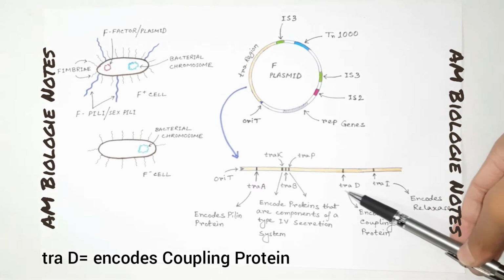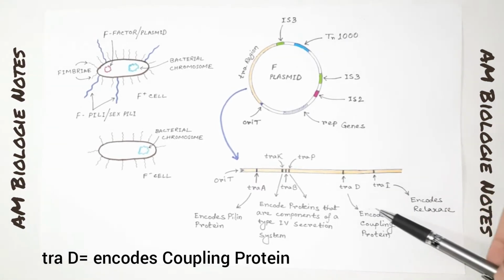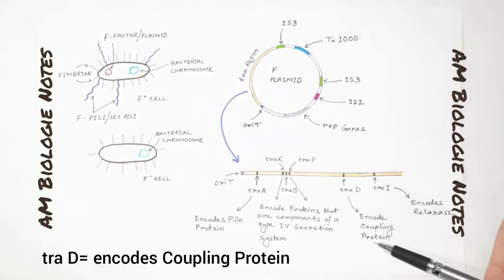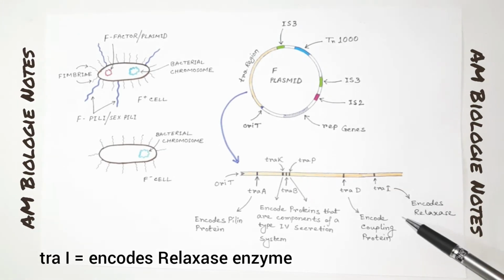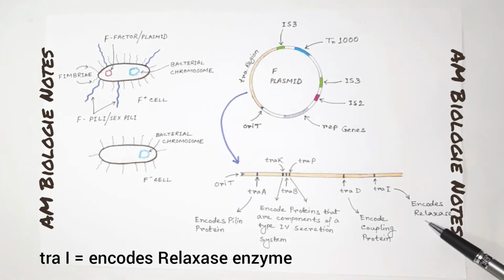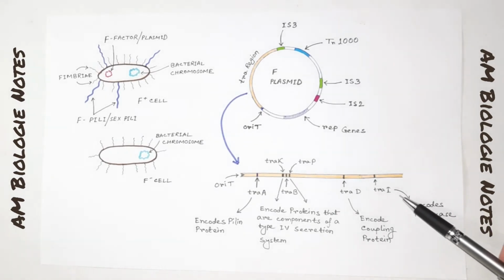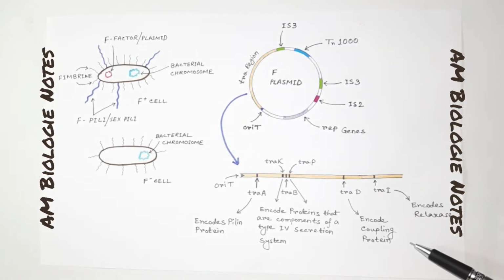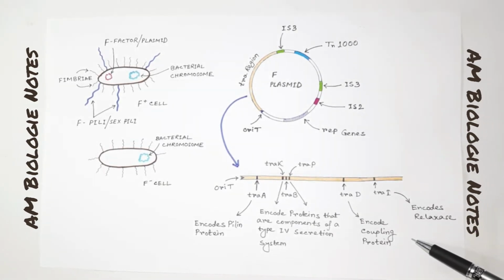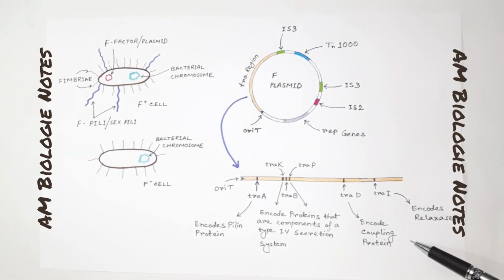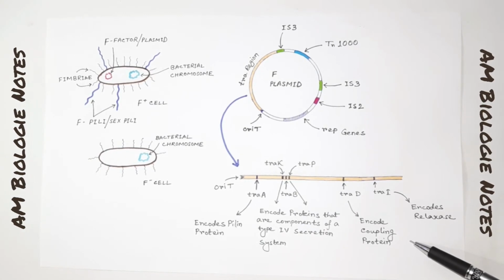This is traD gene. It encodes coupling protein. This is traI gene and encodes relaxase enzyme. In the next clip, I will show you how these products are essential in the conjugation process between F plus and F minus bacterial cells.